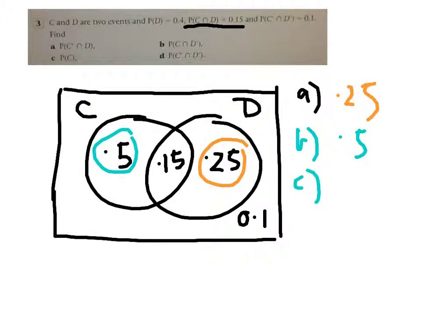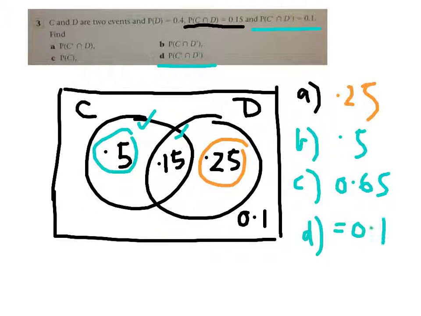C altogether will be 0.5 and 0.15, 0.65. And finally, not being in C and not being in D. Well, it's interesting that they ask us this question because they've given us that answer there. So that would be 0.1. And that's your first 3 questions done.